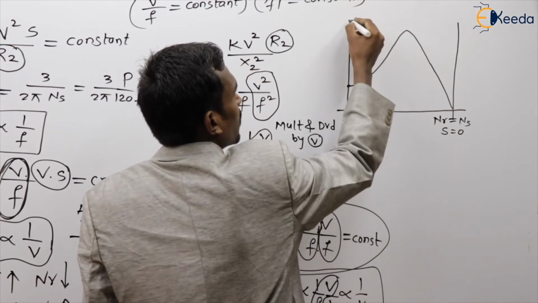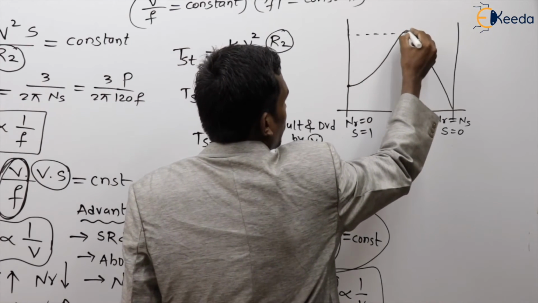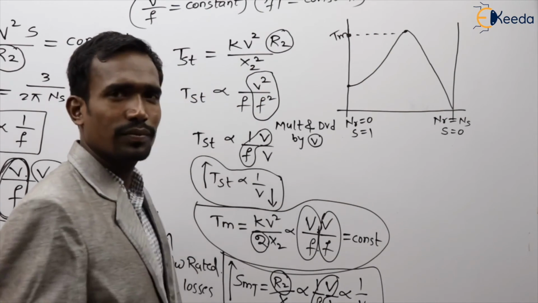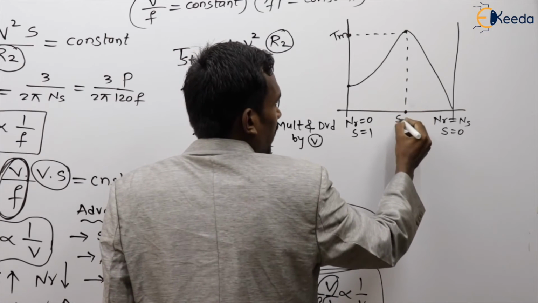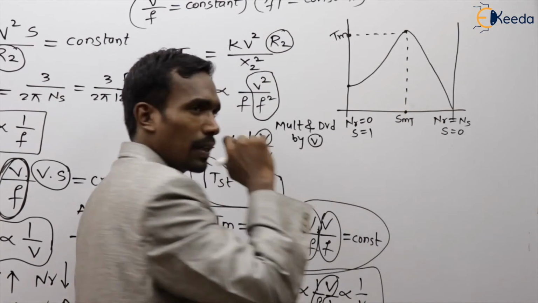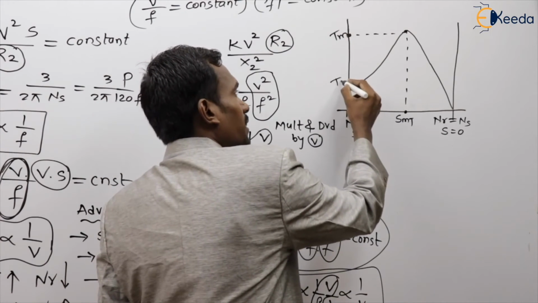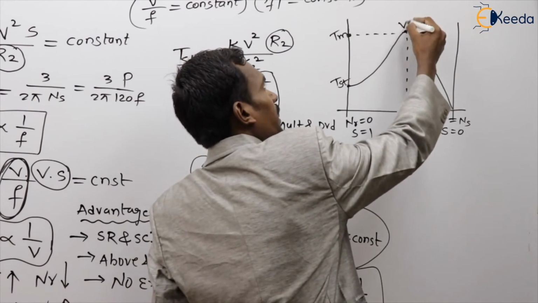Normally the characteristics are like this. Generally, here we have the maximum torque, and here the slip at maximum torque, and here the starting torque. This is at normal voltage V.